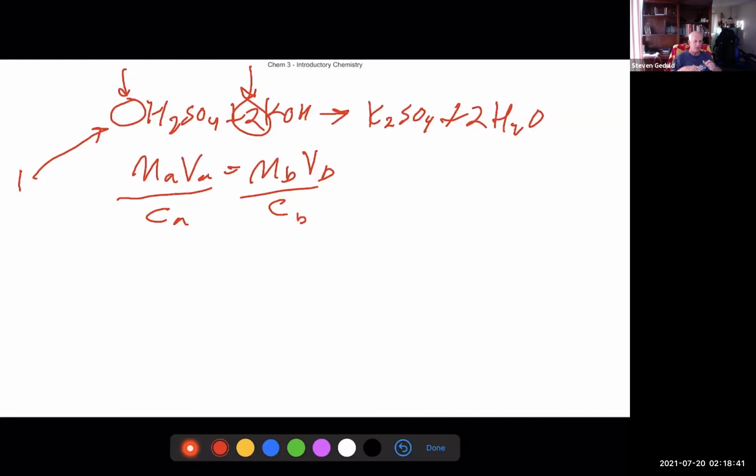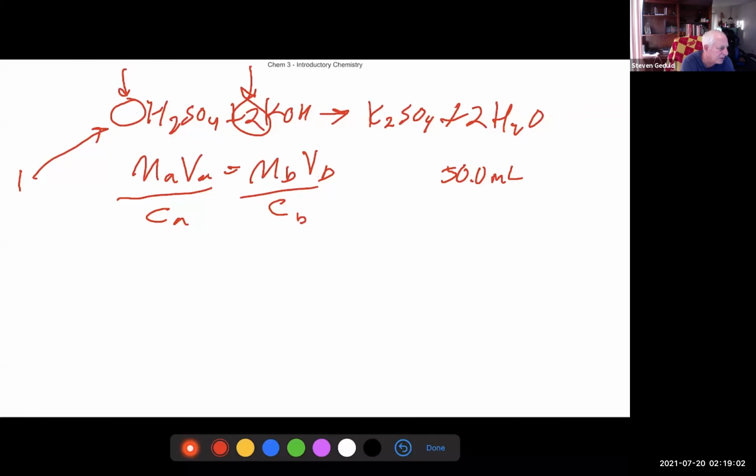So let's take our reaction here, and let's say this is example 12.11 in your book. Okay, let's say we have a 50.0 milliliter sample of sulfuric acid that is neutralized by potassium hydroxide solution.